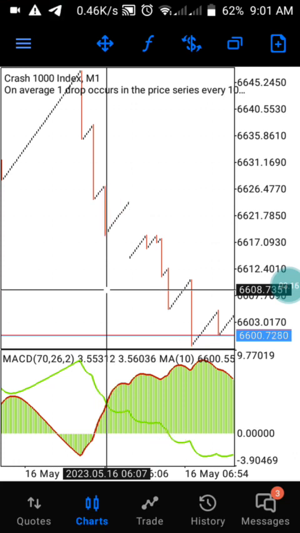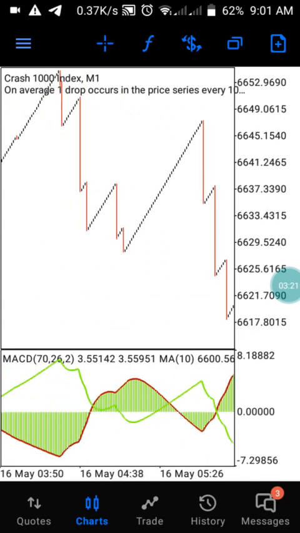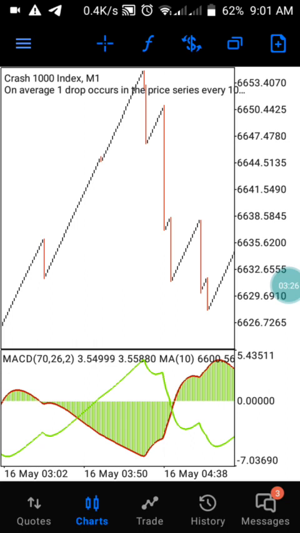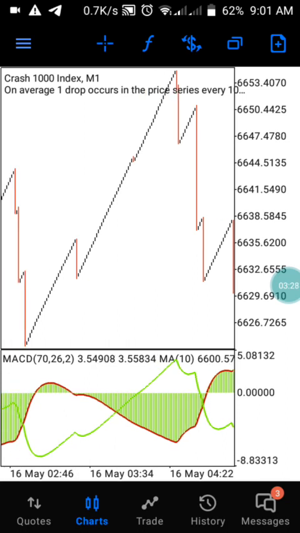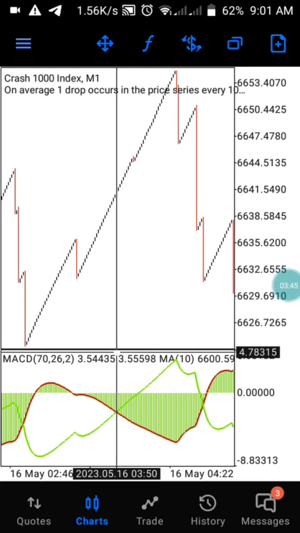Then if you are going to use this strategy to take an uptrend, this is how you take it. You look for a down histogram on MACD, like what we have here, and you wait for your moving average to cross it at this level. When it crosses at this level, this is the right time to enter your market on a buy.